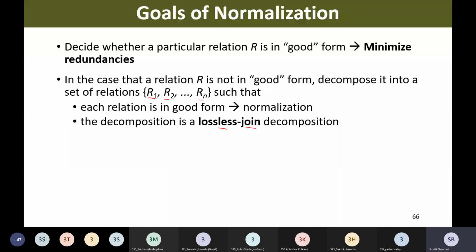Also, we would like to mention here that our theory is based upon two important concepts, and those are functional dependencies and multi-valued dependencies.